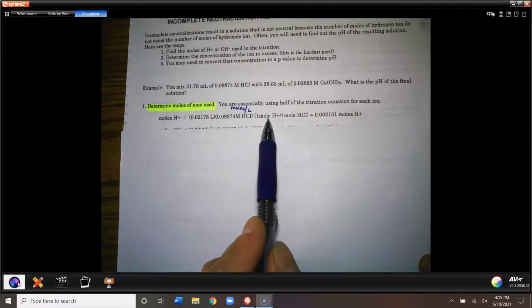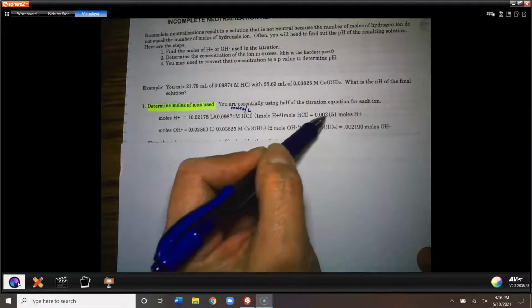I've got to be able to cancel that liter out with this liter. So I can't leave the volume in milliliters here. And then don't forget, you've got to convert it into moles of H plus, just not moles of acid. Now in this case, since I'm using HCl, it's just a 1-to-1 ratio. So if you forgot to do that, it works out okay.